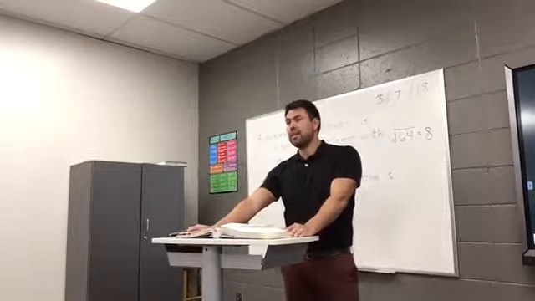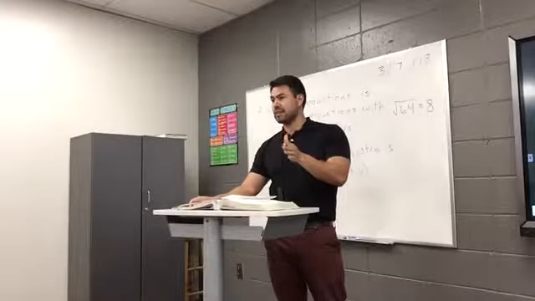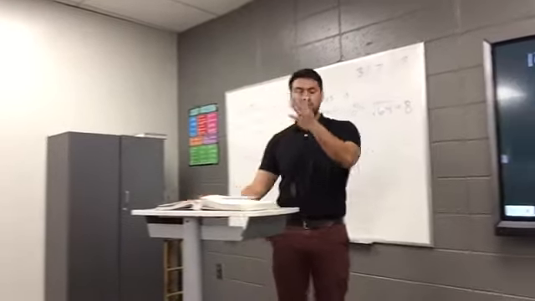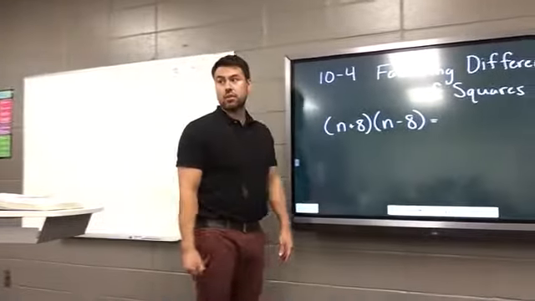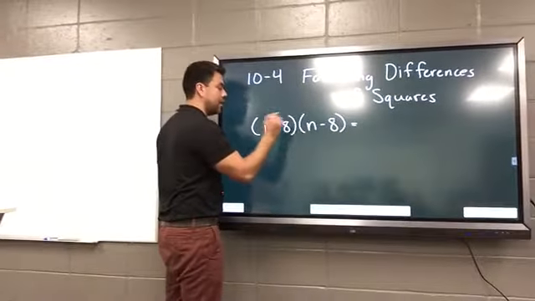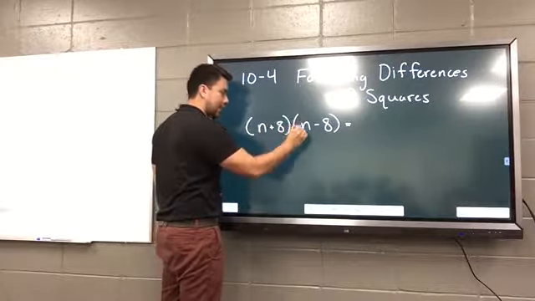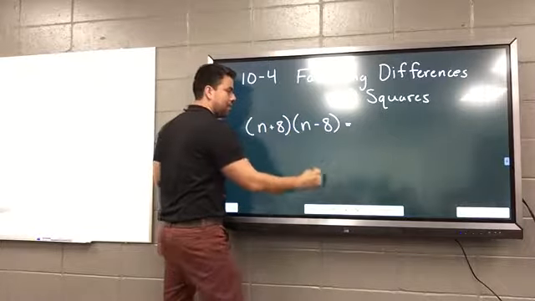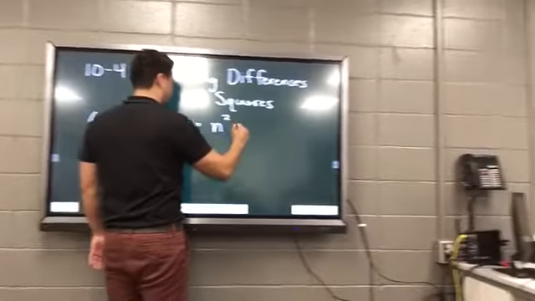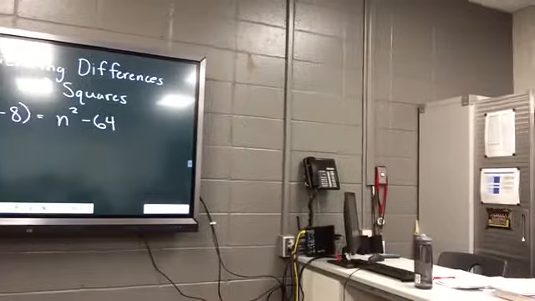First, outside, inside, last: FOIL, or just the distributive property. Either one works. You're going to do n times n, n times negative 8, 8 times n, and 8 times negative 8, and you should get that.